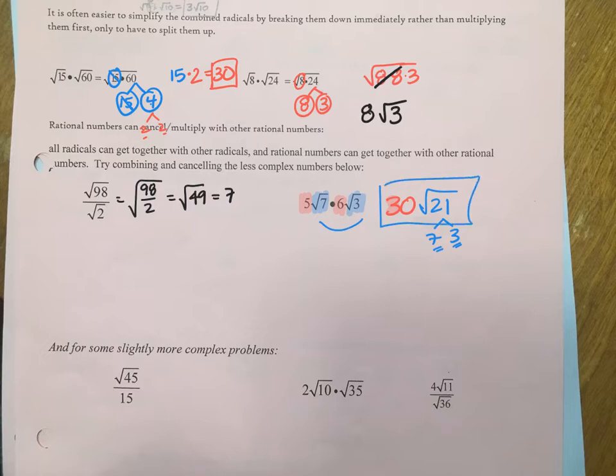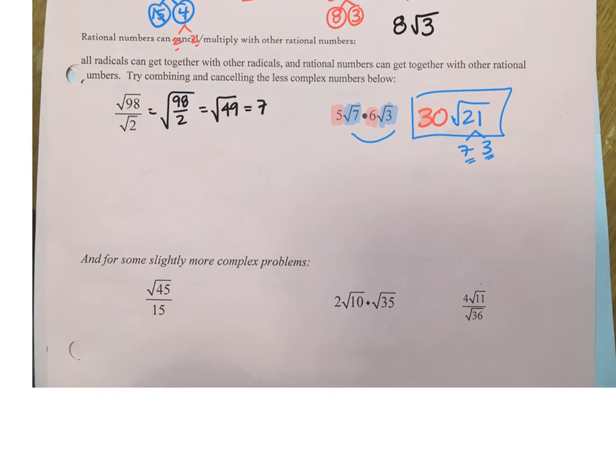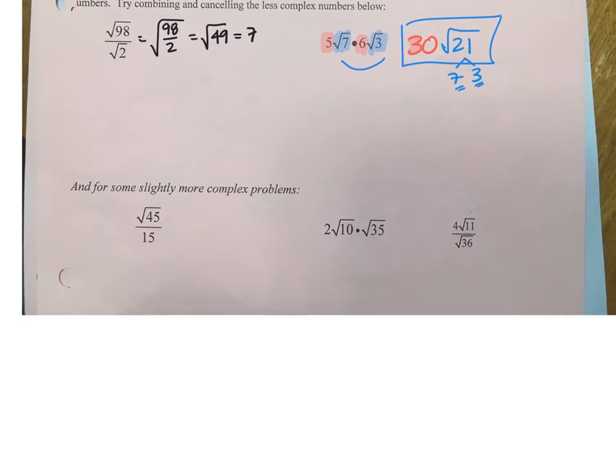And the final thing that we would want to work on is what happens when you have slightly more complex problems. So we're going to scoot this up a little, and we're going to try this out. If you have the square root of 45 over 15, let's worry about simplifying this.